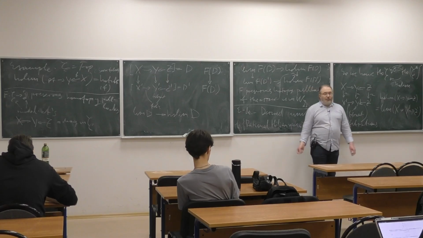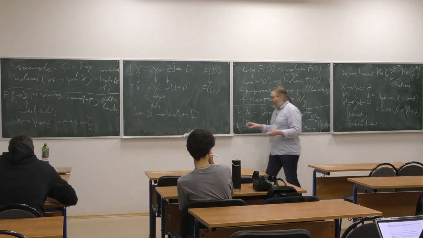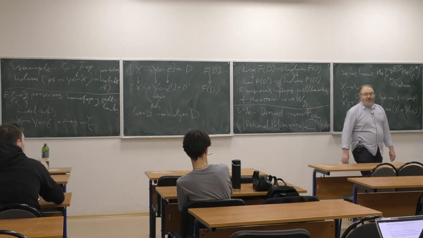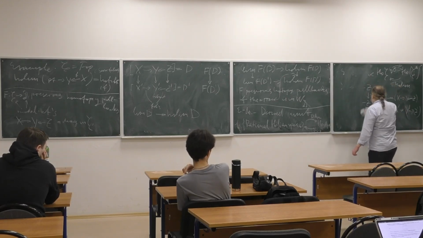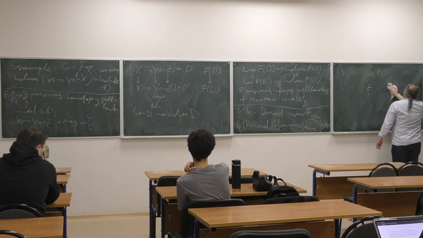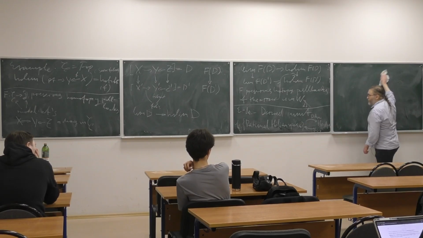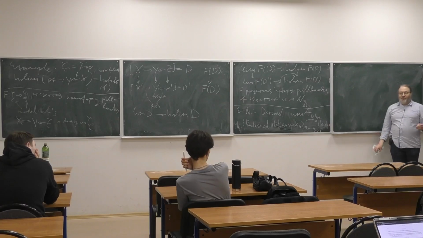Now, if we have a pair of adjoint functors, then we have the unit and the co-unit. Does anyone remember which way they go? Oh, there's one thing which is wrong in this formula. Can anyone tell me which one?